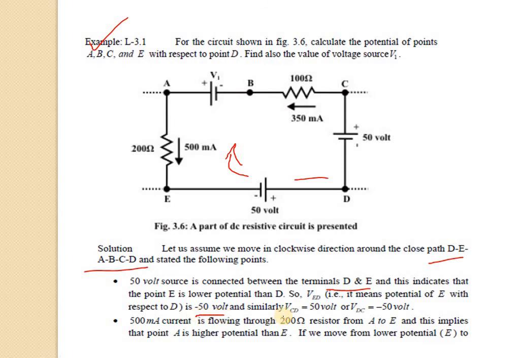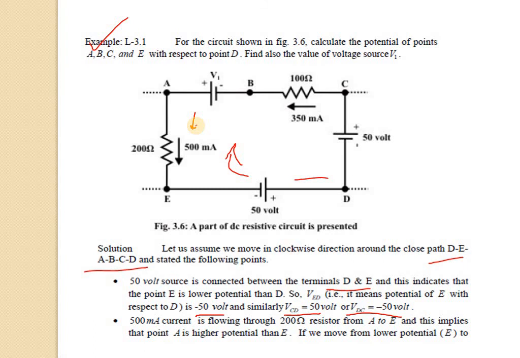Similarly, VCD is opposed in the positive direction, so it will be positive 50 volt. Or if we consider VDC, then it is minus 50 volt. Similarly, 500 milliampere current is flowing through the 200 ohm resistor, and from A to E the direction is opposite.